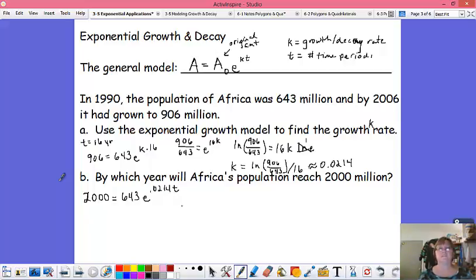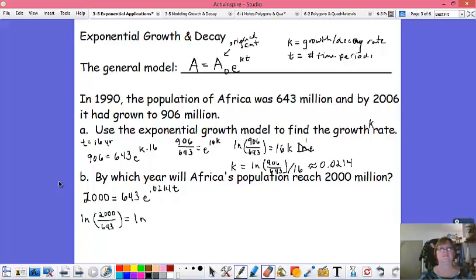This time we're looking for the number of years, and the solving process is what we've already done. So I know what's coming. It's going to be the natural log of 2,000 over 643 equaling the natural log of, whoops, I forgot, I need to do the power property.